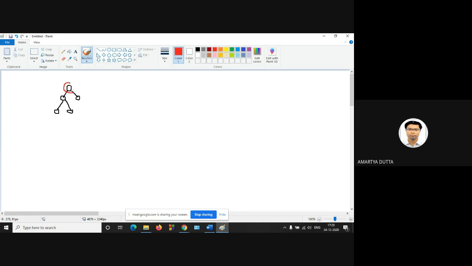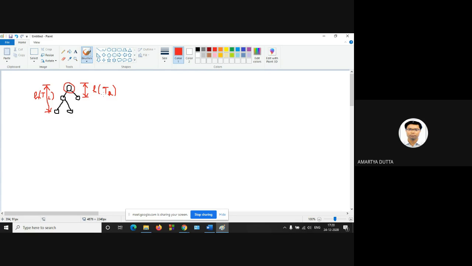If we consider this as the root, the left subtree's height is h of TL, your tree's left portion, and this is the height of the right subtree of your tree.